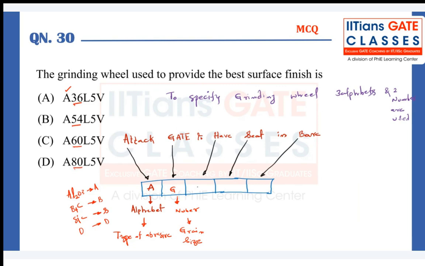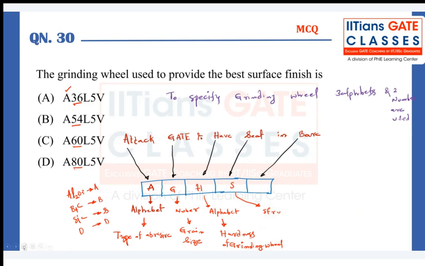Next, H stands for hardness of the grinding wheel. It is an alphabet again. Next, S stands for structure of the grinding wheel.